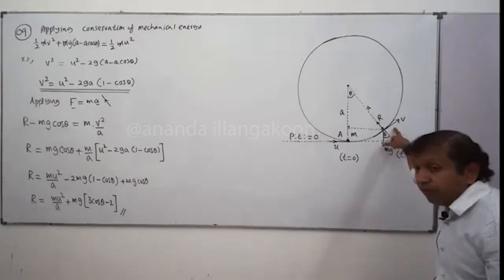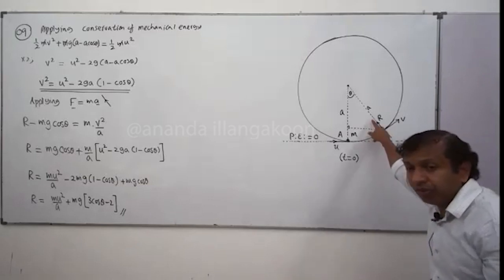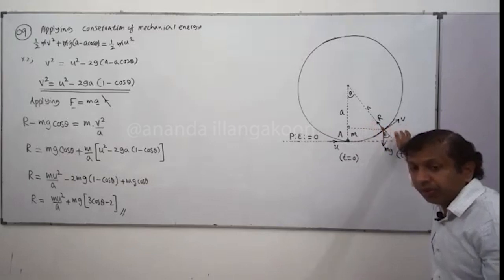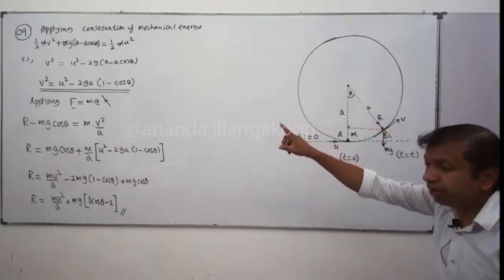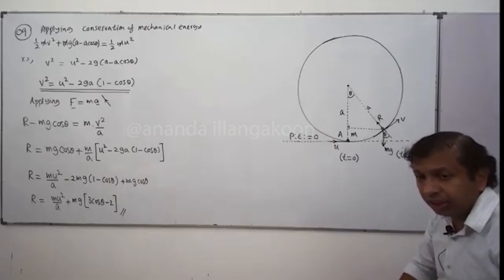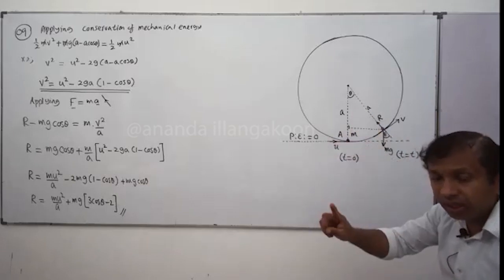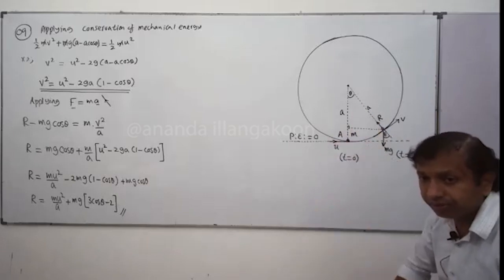This velocity v should be 0, with a positive value for R. Then we have to equate this v expression to 0 and find cos theta. But if the oscillation takes place, it takes place with this theta angle as an acute angle, that means theta lies between 0 and pi by 2. Right.